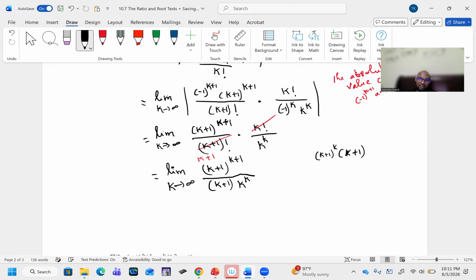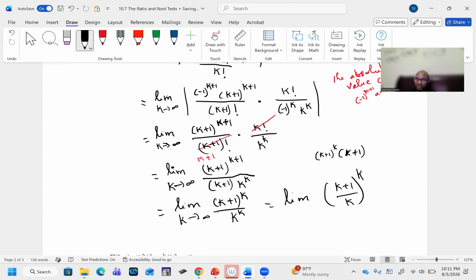So it will leave the limit of k plus 1 to the power of k divided by k to the power of k as k approaches infinity, which is the same thing as k plus 1 divided by k, to the power of k, right? k approaches infinity.